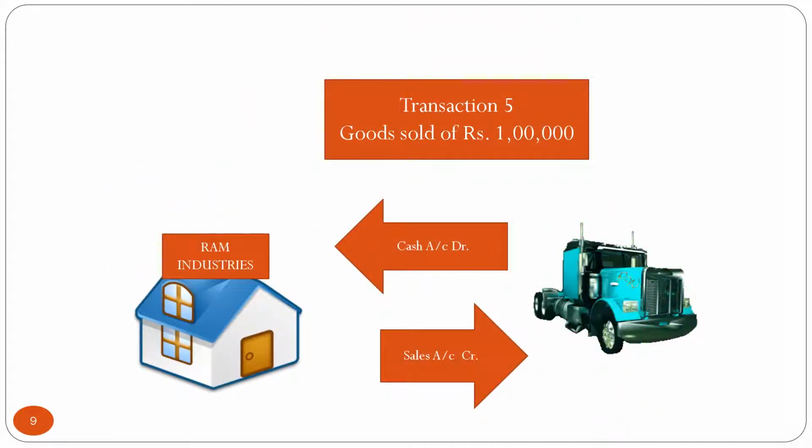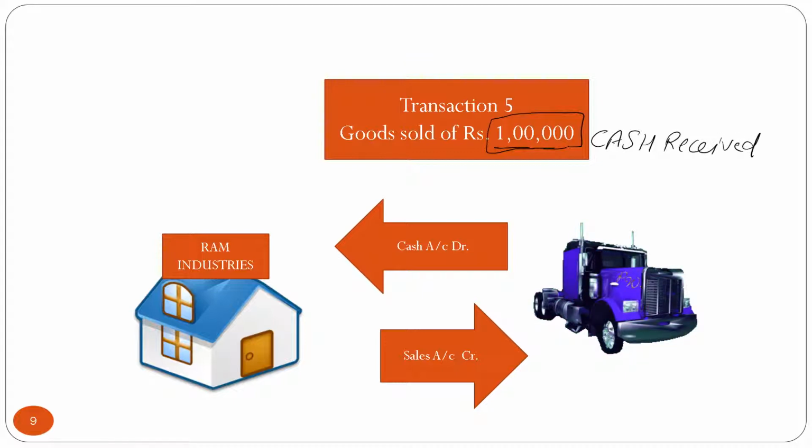The second last transaction is goods sold of rupees 1 lakh. The sales are the ultimate thing that comes to the business in return for all the labor we do. So goods sold of rupees 1 lakh and cash must be received in return for the sales.